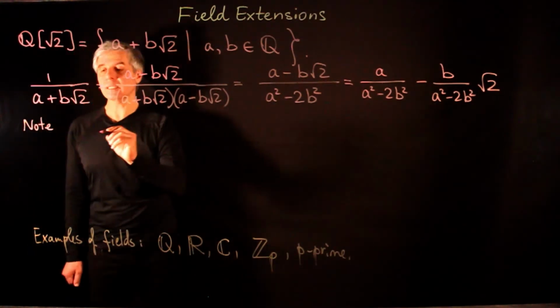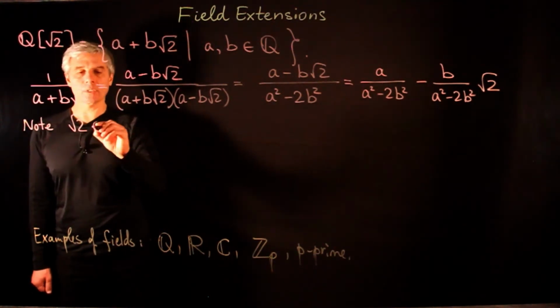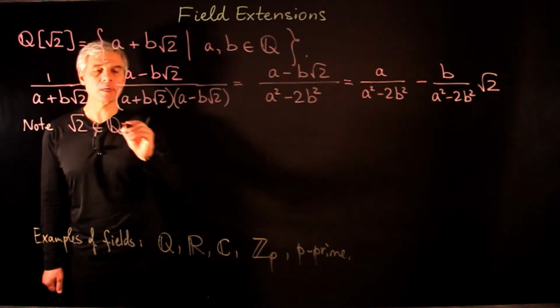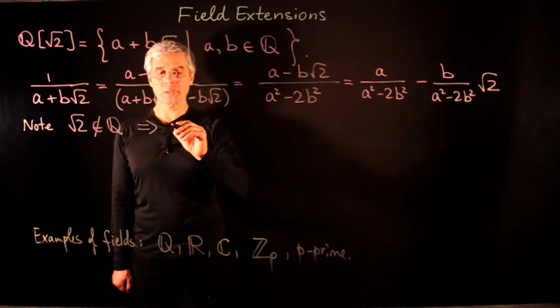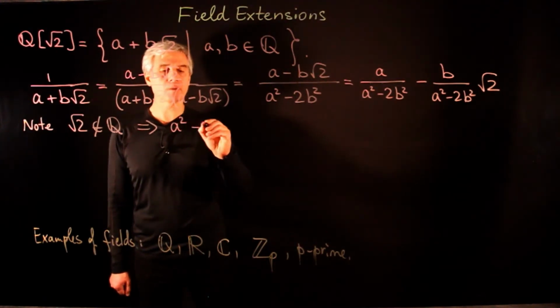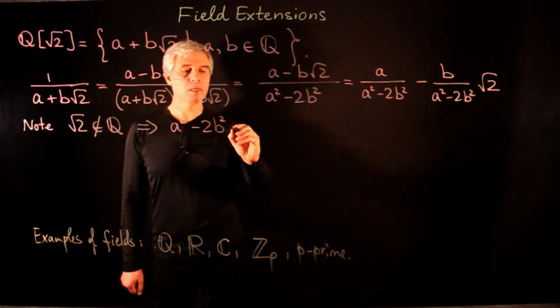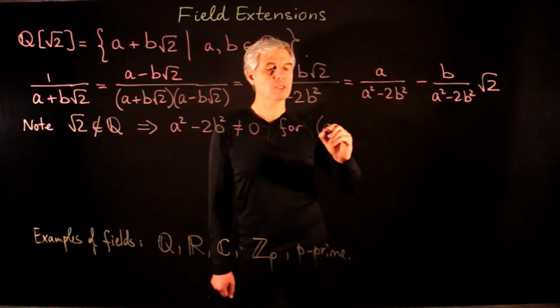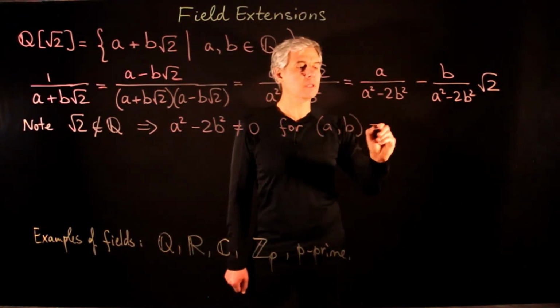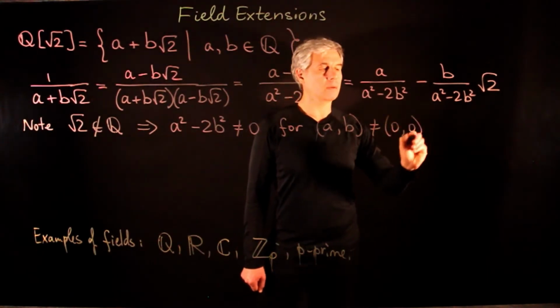And we point out that since root of 2 is not a rational number, this implies that the denominator a squared minus 2b squared is not equal to 0 for pairs a, b that are different from the zero pair.